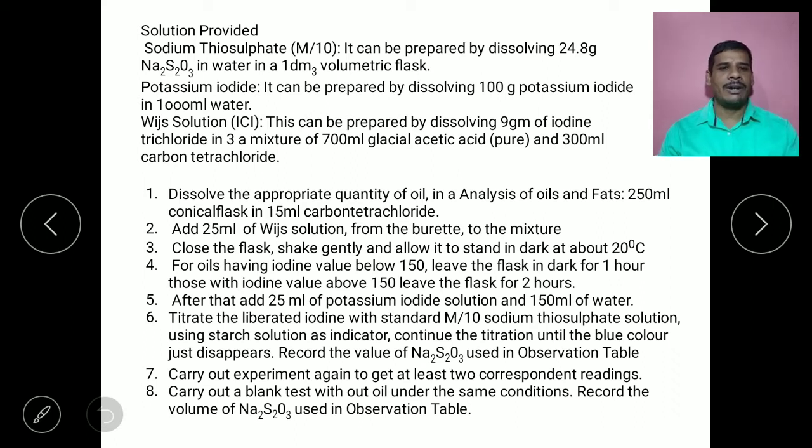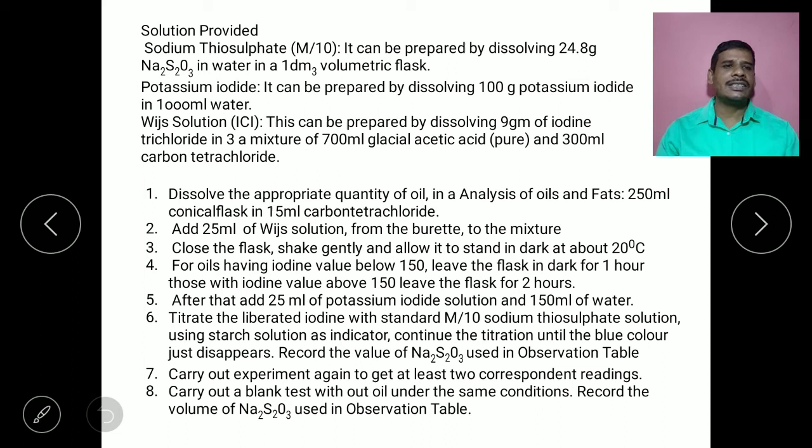Then cork the flask, or close the flask, and allow it to stand in the dark at about 20 degrees centigrade. See, after addition of this 25 ml ICl solution, the flask should be corked, because iodine may be liberated when the ICl addition across the carbon-carbon double bond takes place.